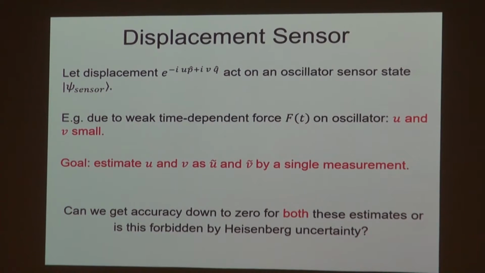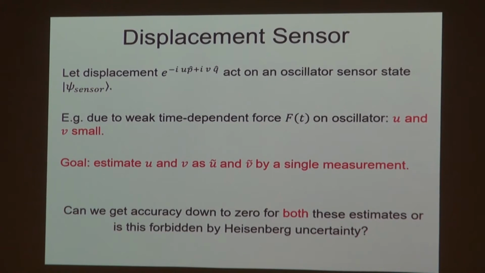And you would like to measure properties of this force. The displacement is characterized by two parameters, right? We don't know whether the displacement goes in that direction or that direction. So it's a real part of beta and an imaginary part of beta, or there's a u and v.